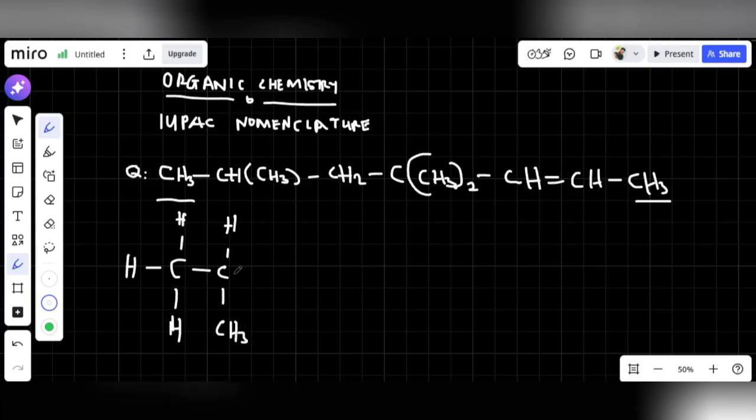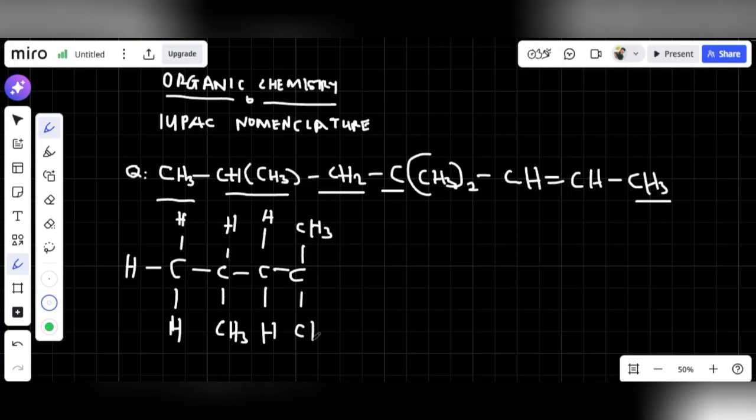Then we have CH2, that's C up, H down. Then we have CH3 twice. So you pick that C like that. This CH3 twice means there are 2 methyl, so put 1 methyl up here, CH3, and put another methyl down here, CH3.